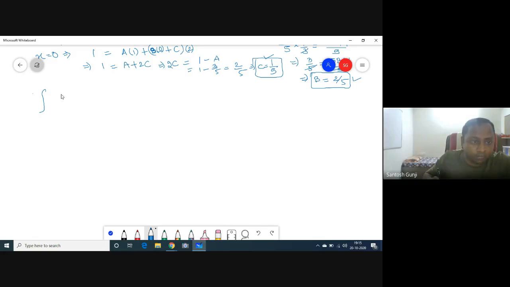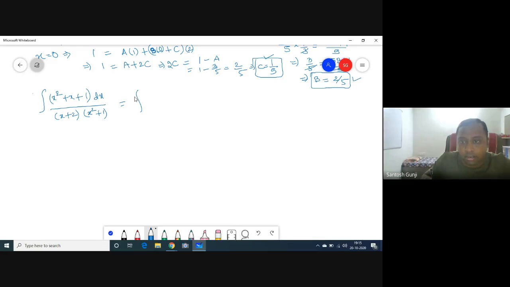The integral of the question was x square plus x plus 1 dx upon x plus 2 into x square plus 1, which is now written as a upon x plus 2.